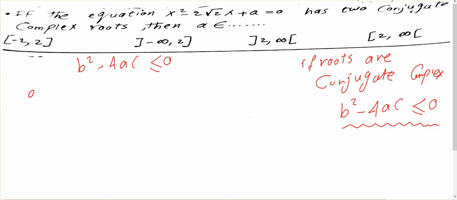Here a equals 1, b equals negative 2 root 2, c equals a.